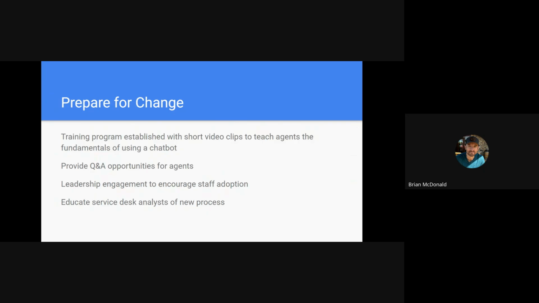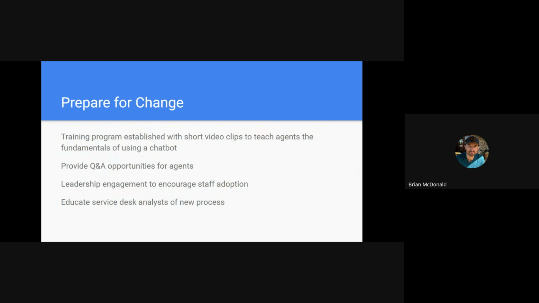So we want to prepare for the change. It's essential that we take the time and make sure that our agents are trained properly, that they understand what the chatbot is and to not be hesitant in using it. You can ask a whole lot of questions, and I think with people using many different AI products nowadays, many people have started to get comfortable using these, and we think that short video clips would be helpful to teach agents how to use it and what to expect.